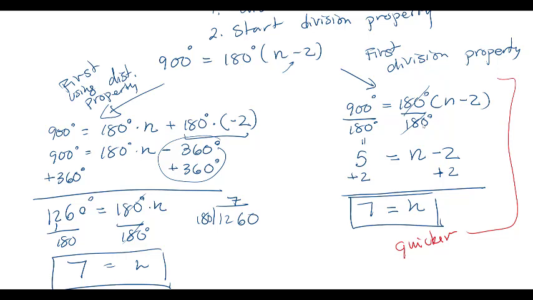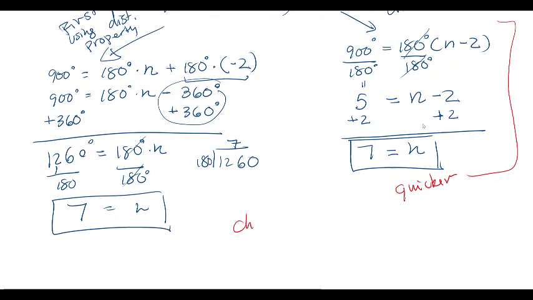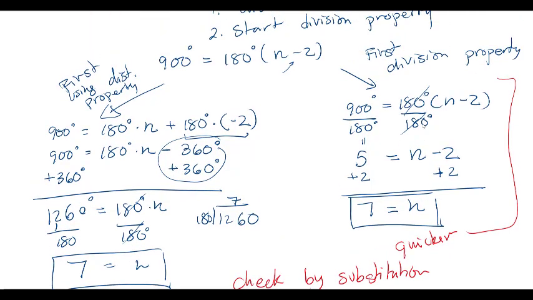Now, looking at this result, we can check it. As always, we can check by substitution. But we also should look at the result and see if it makes sense. In this case, n is the number of sides, and the number of sides has to be a positive whole number.